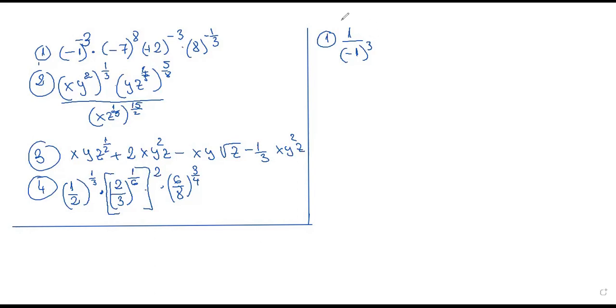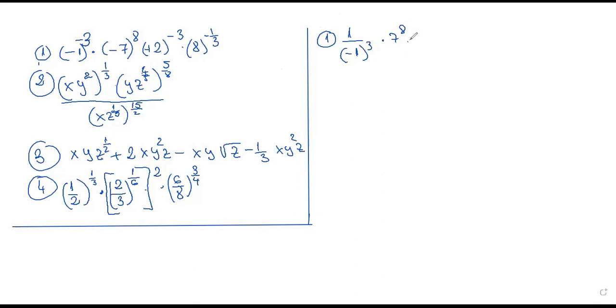Then times, do I expand minus 7 to the 8? No, just calculate the sign. You don't do 7 times 7, so it's just, oh yeah, it's positive. So it's 7 to the power of 8.